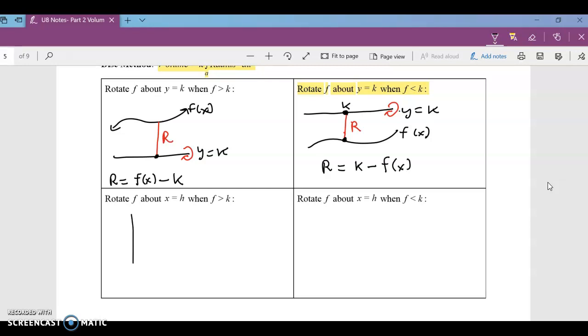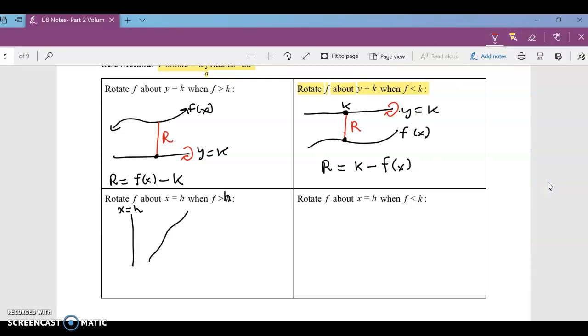I have a vertical line, x equals h, and my function f is greater than that, so f would be to the right. I don't know what f looks like, but assuming it's a function, f would be to the right.